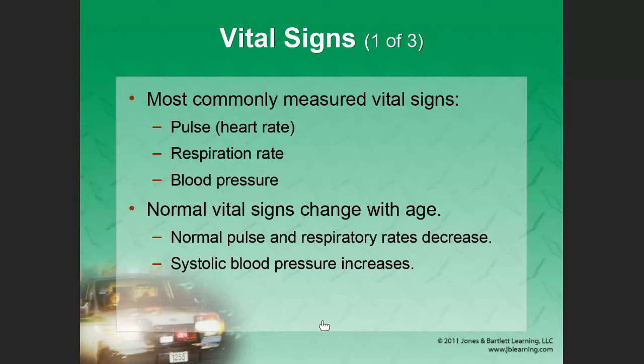However, as I mentioned before, a person can have a breathing rate that's a little below 12, not significantly below 12, and they're fine because their lung capacity is well developed and they're athletic.